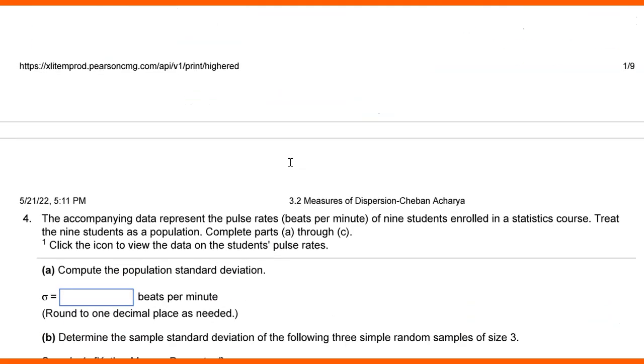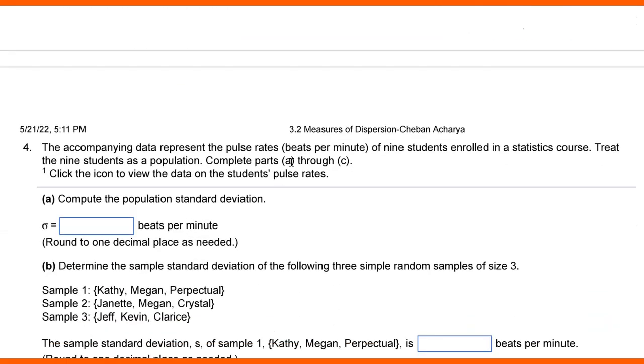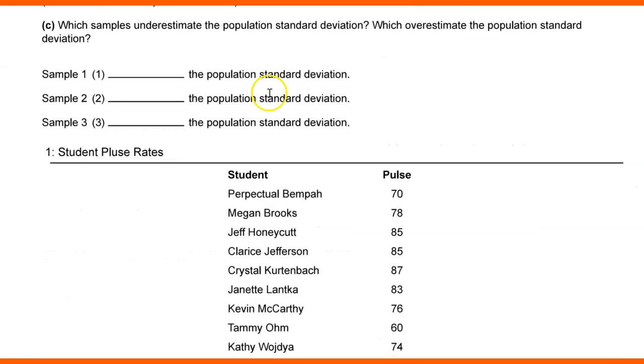Question number 4. The accompanying data represent the pulse rate, beats per minute, of 9 students enrolled in a statistics course. The question tells you to treat the 9 students as a population.